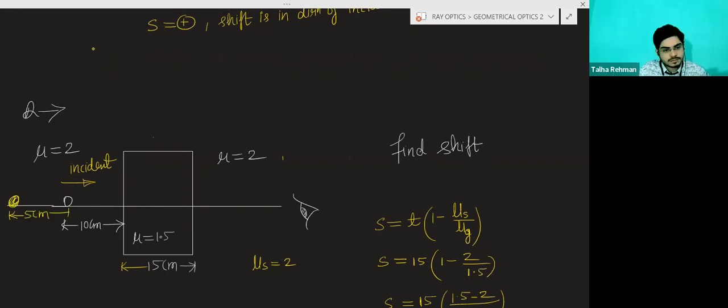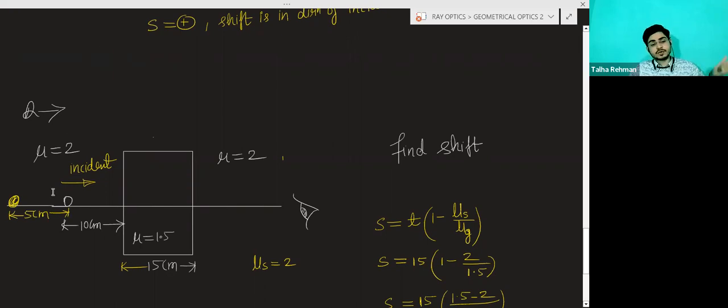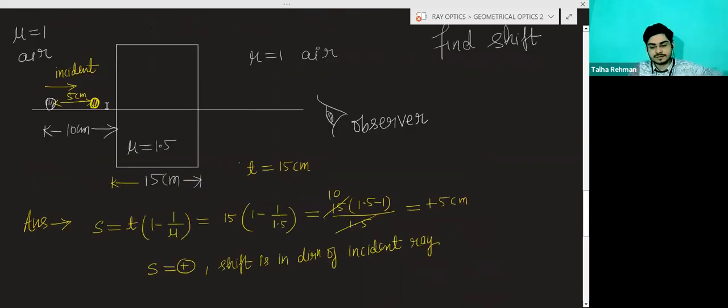This time the shift is in the opposite direction of the incident ray, which means the object will appear far in this case, whereas in the previous case the object appears near compared to the actual position.